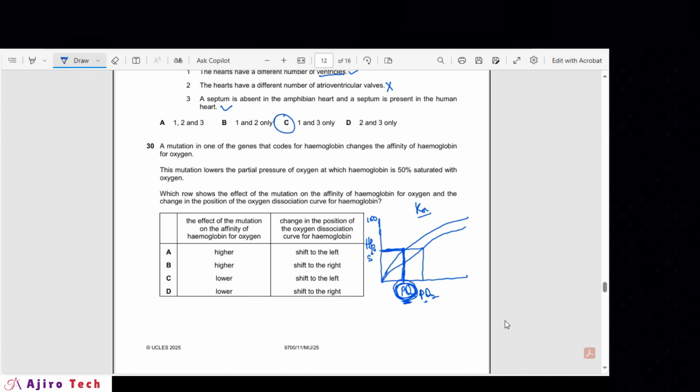Just a small amount of oxygen is making it 50% saturated. Affinity has increased. So the effect of the mutation on the affinity of hemoglobin for oxygen is that it has become higher. And the change in the position of the oxygen dissociation curve for hemoglobin is to the left. It shifts to the left.